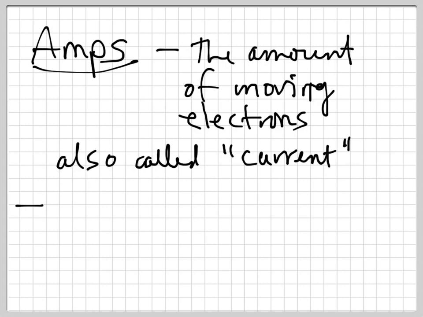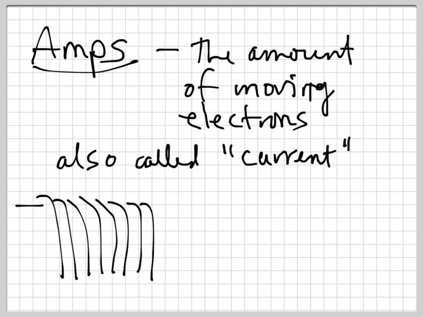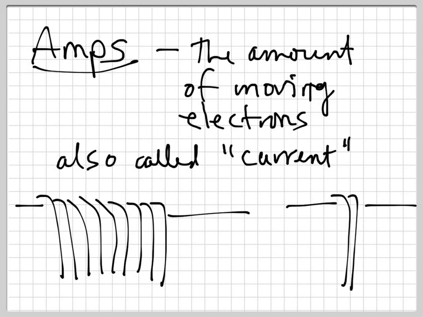Or if we're going back to the waterfall, if we had a lot wider waterfall, even though they're the same height, here's a little creek of a waterfall on the right and a huge waterfall on the left. This one would be more amps. More amps. Less amps.